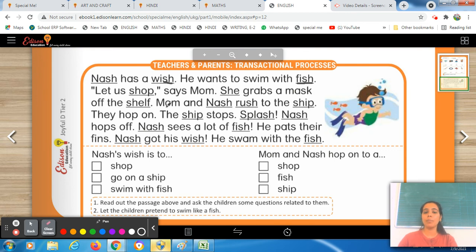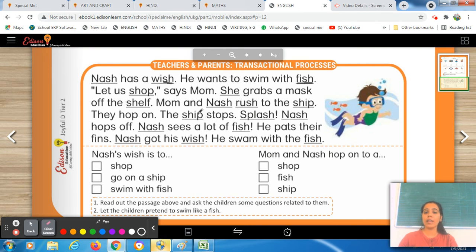So mom and Nash rush. Rush means bhagna. Mom and Nash rush to the ship. Both of them rush to the ship, right? So they hop on the ship.